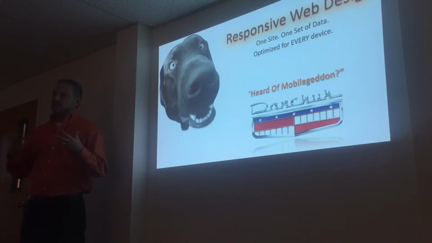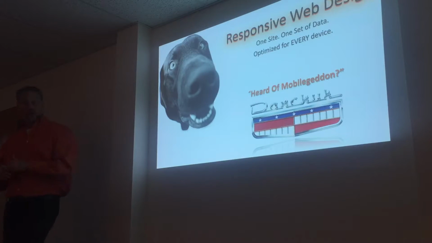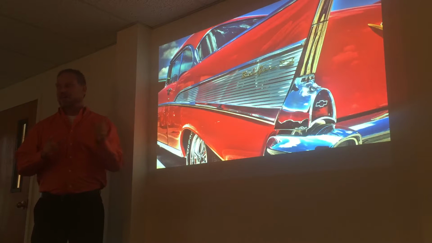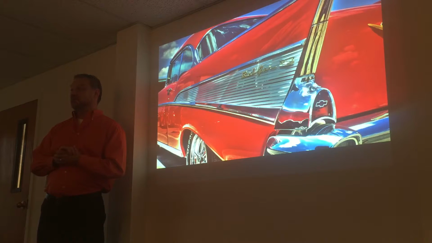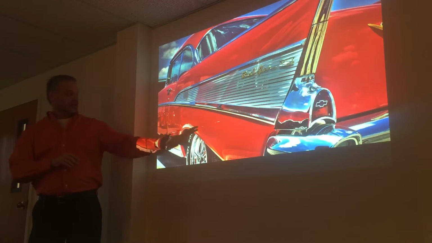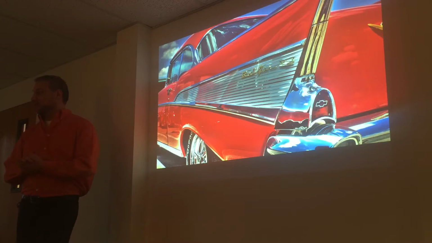One of the things that some of our customers deal with is an aging customer base, and their primary product is parts for beautiful cars. If you like '55, '56, '57 Chevys, Danchuck is a major parts supplier for that. And this car right here has actually been completely rebuilt from the ground up using Danchuck parts.